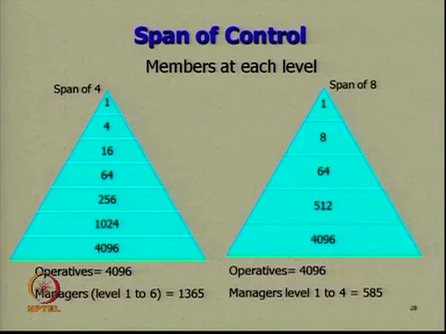Therefore, your span of control becomes a factor of the number of levels. If you want a smaller span of control, as you want only 4 people as in your span of control, then you are bound to go into 6 levels. If you have a wider span of control, the number of levels get reduced.